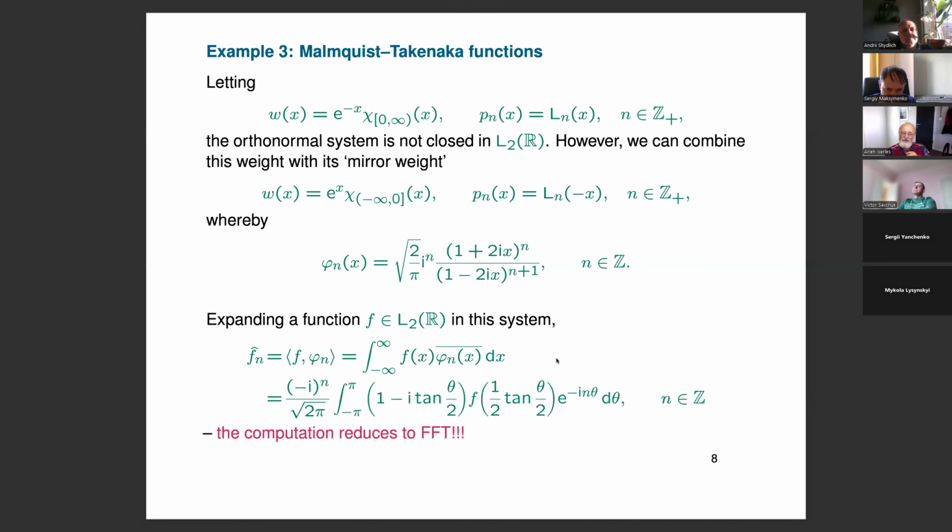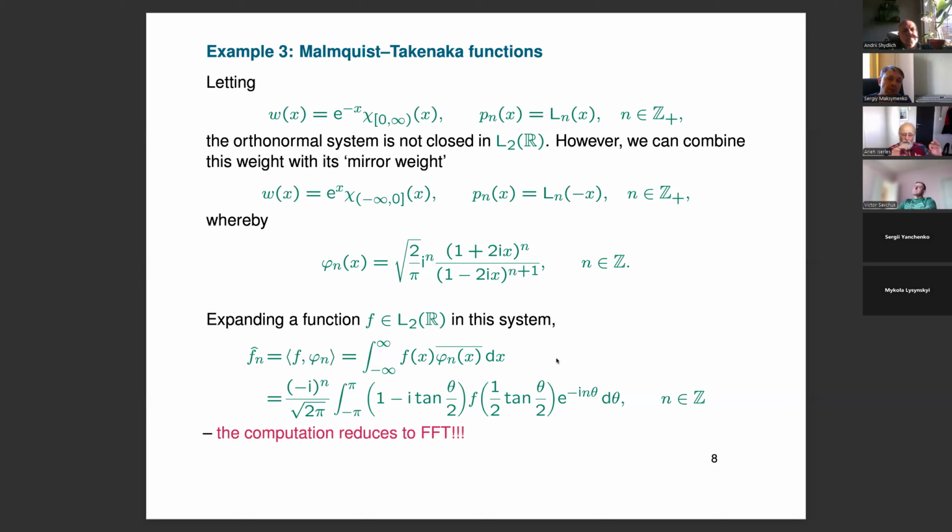Let me move to a much more interesting system, the Malmquist-Takenaka functions. So let us take W(x) being the Laguerre measure. So it is e to the minus x, but defined only for x greater or equal 0.